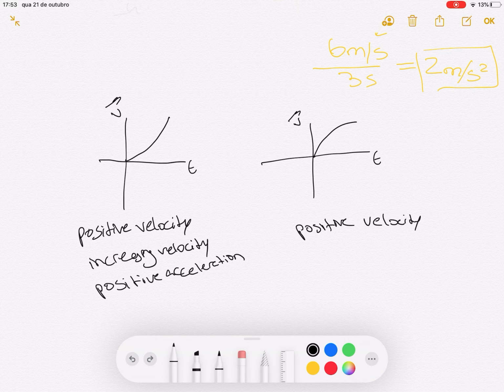So, for this graph, velocity is decreasing, and we know that because the slope is decreasing.